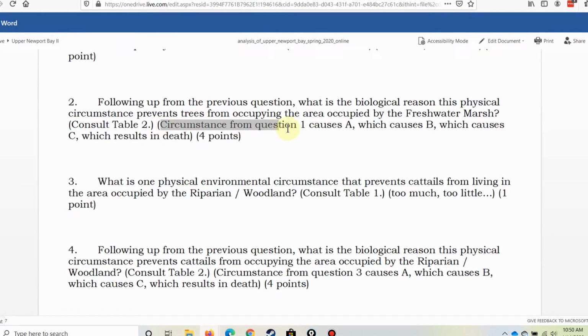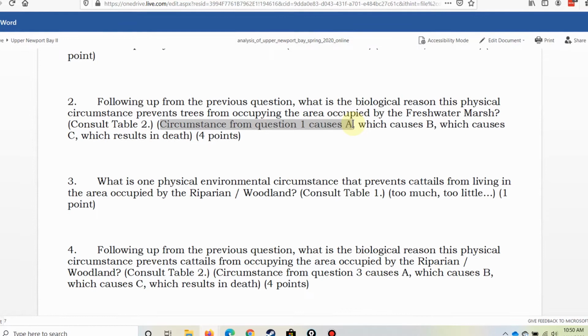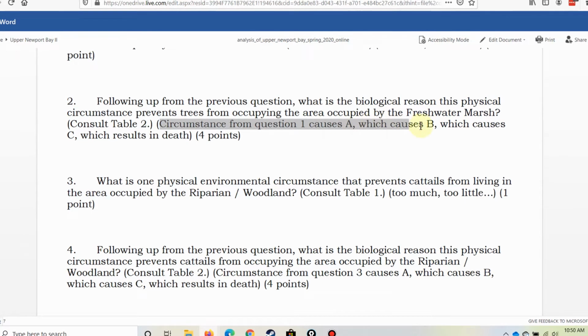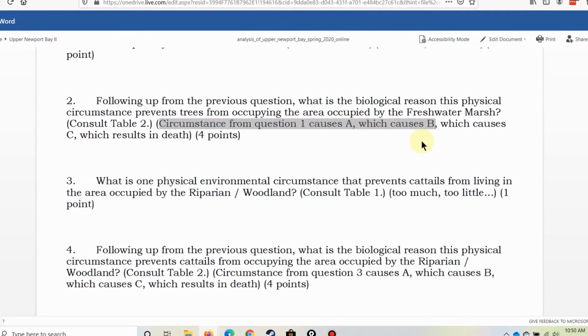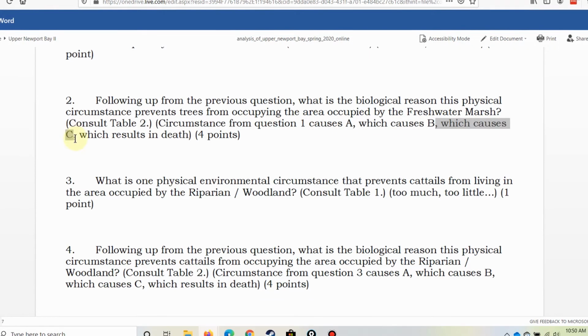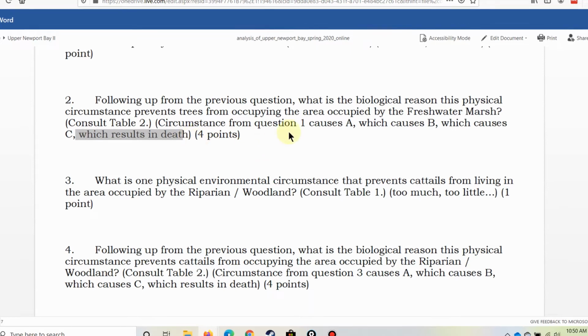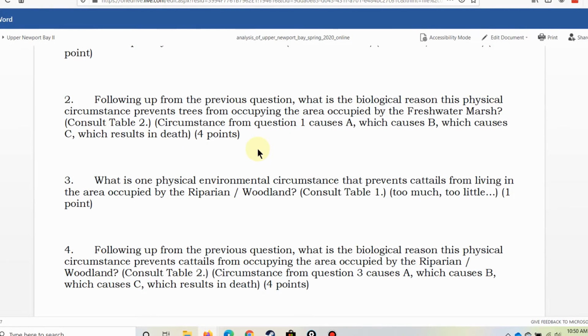The circumstance from question 1 triggers some biological feature, which then results in another consequence, which in turn results in an additional consequence, which eventually results in death. So on these questions, I'm looking for a series of steps.